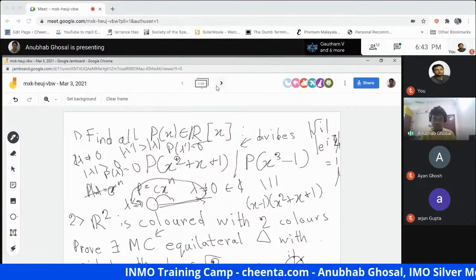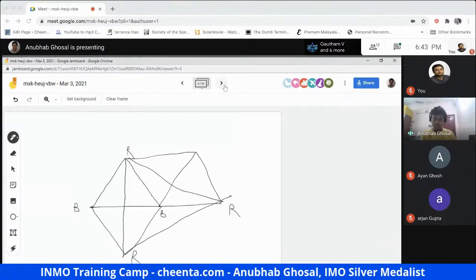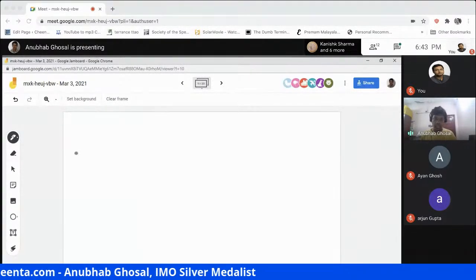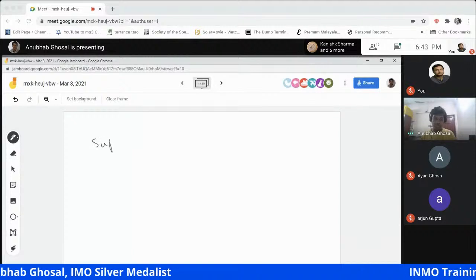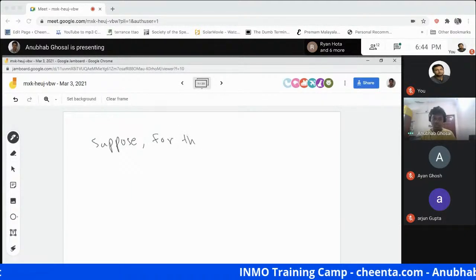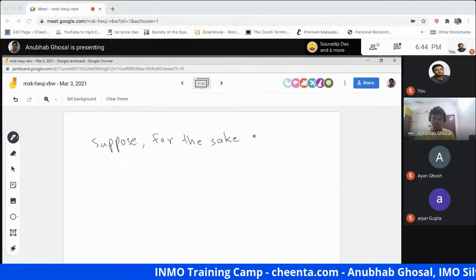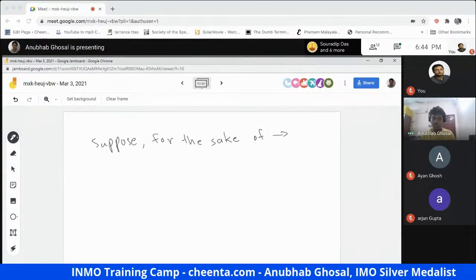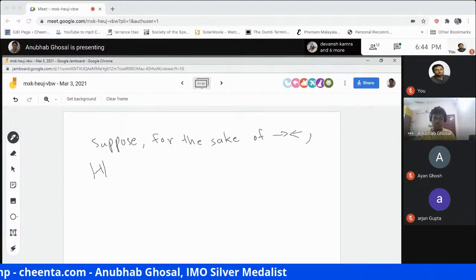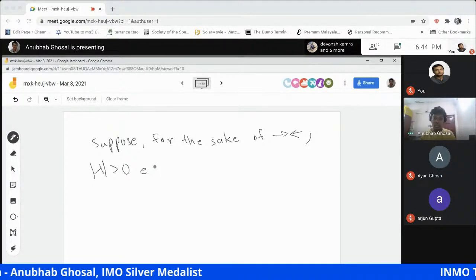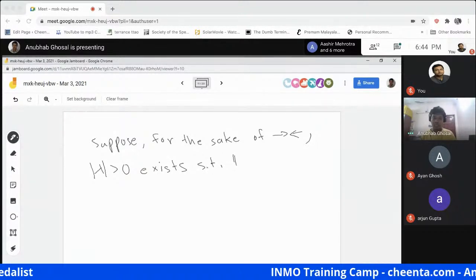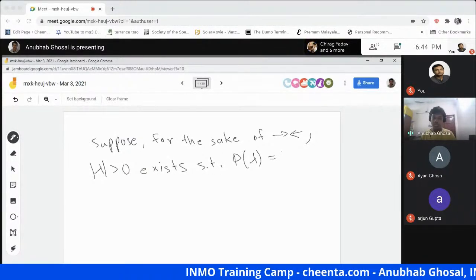so let's go to a new board and let me further tell you what I want to do. So I want to say that suppose, for contradiction, that lambda greater than 0 exists such that p of lambda equals 0.